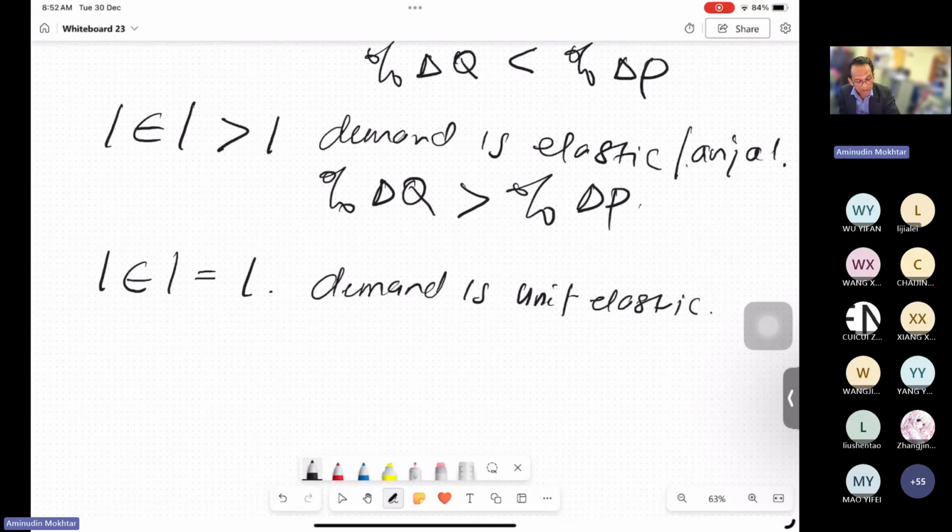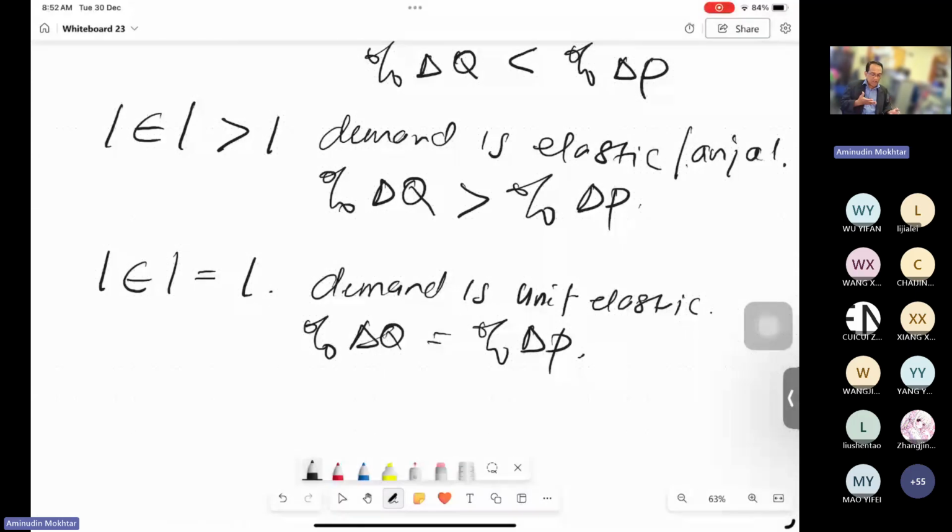In this case, the percentage change in quantity equals the percentage change in price. In other words, if price increases by 10%, the demand decreases by also 10%. So the percentage change in quantity equals the percentage change in price. The value of the elasticity equals 1.